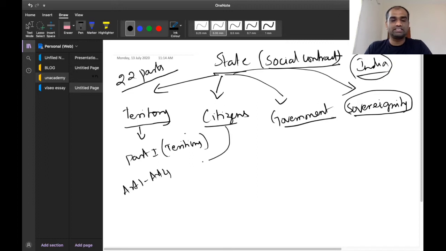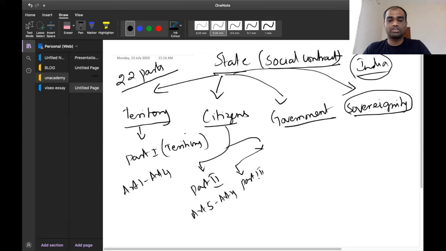If you look at citizens, they are defined in Part 2 from Article 5 to Article 11. If you look at other provisions concerned with citizens, there are Part 3, which talks about fundamental rights, Part 4, which talks about DPSP, and Part 4A, which talks about fundamental duties.